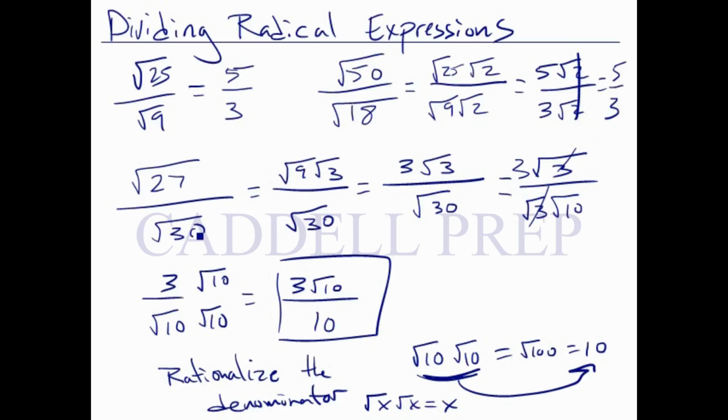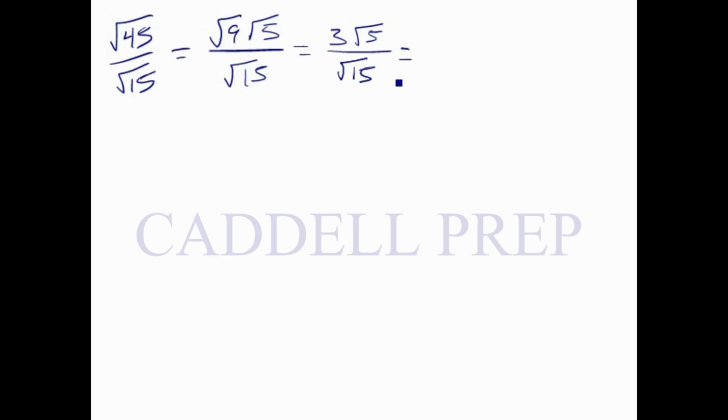So let's look at some more. Let's look at the square root of 45 over the square root of 15. Let's break this down. The square root of 45 breaks down into radical 9, radical 5, and the square root of 15 is just the square root of 15. There's no perfect square that goes into it. The square root of 9 is 3, so this is 3 radical 5 over radical 15. These can be reduced because radical 5 goes into both.